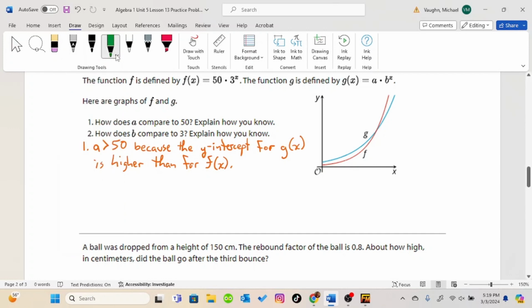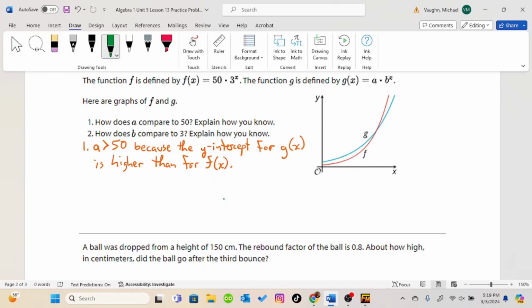And number 2, how does b compare to 3? Explain how you know. What we notice is that f of x grows quicker than g of x does.